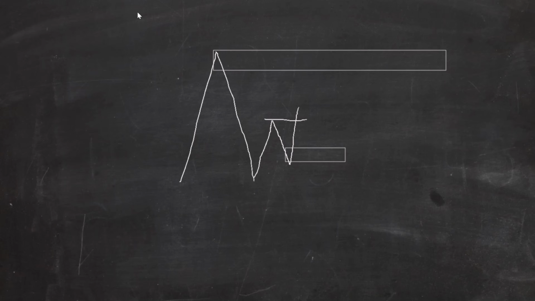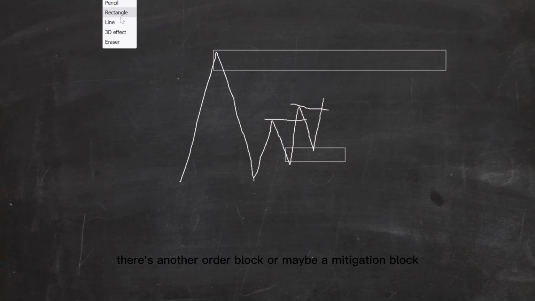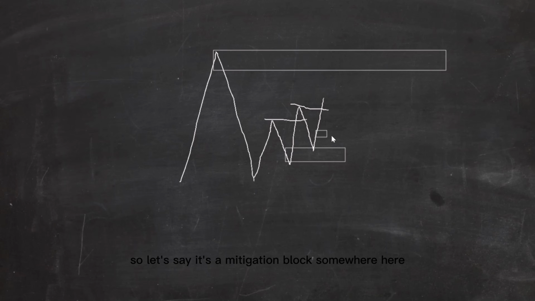Continuation. So they get one. Now, as structure broke again, they'll be like, okay, there's another order block or maybe a mitigation block. So let's say it's a mitigation block somewhere here. So now price comes back, reacts from this level. Now it heads to your point of interest.